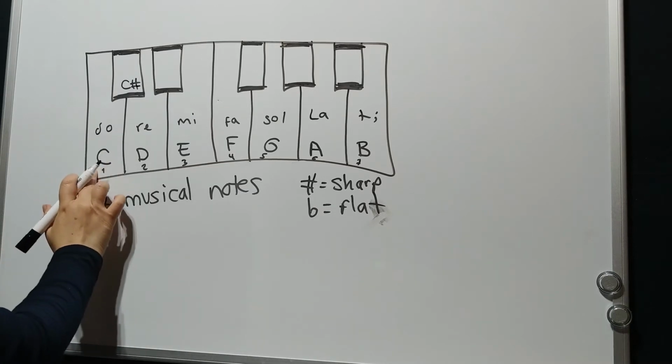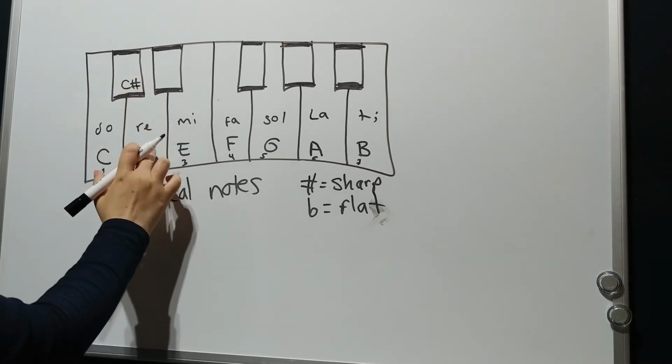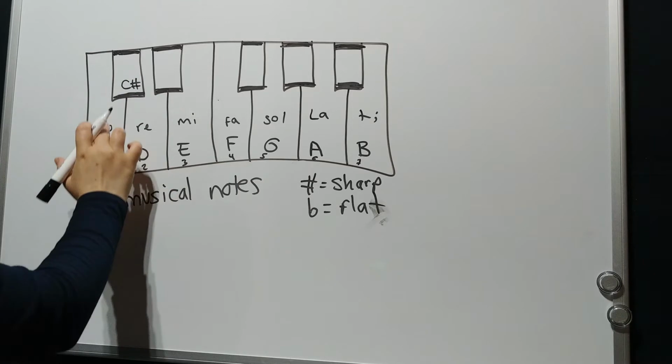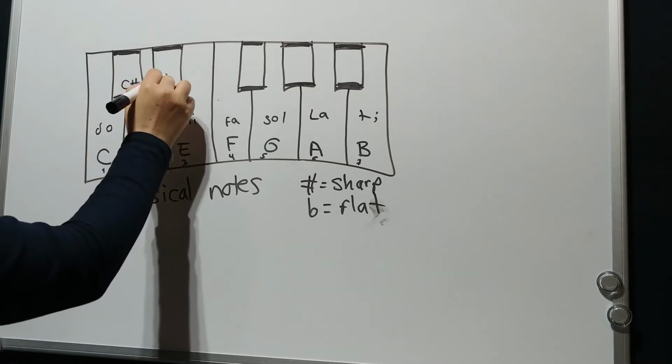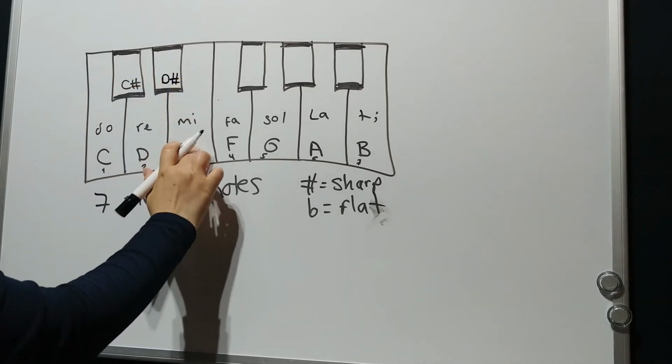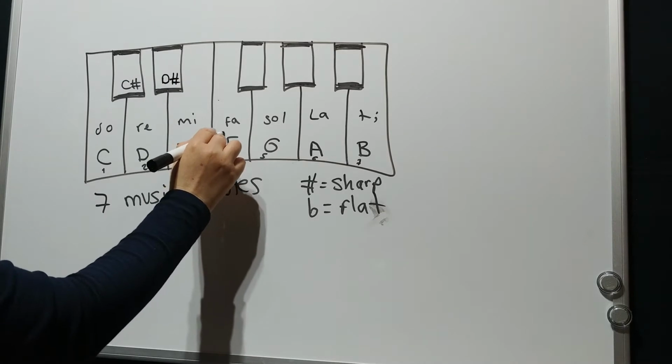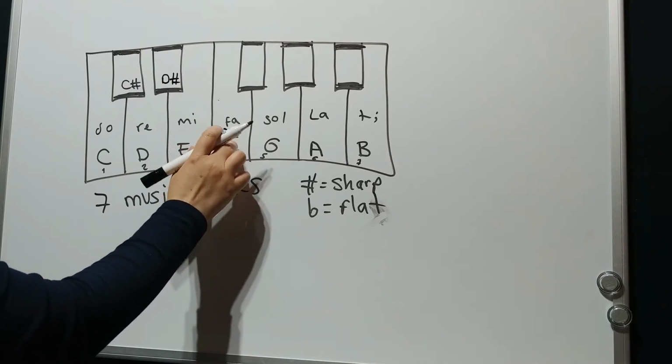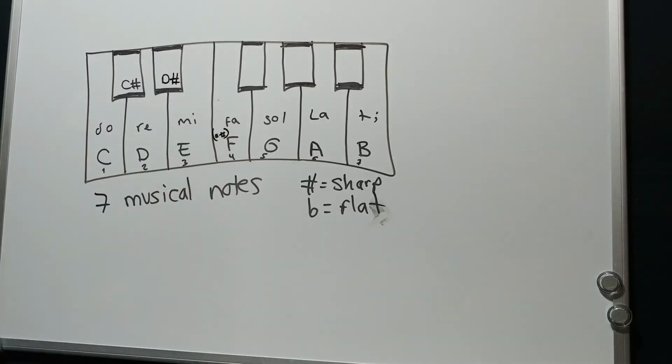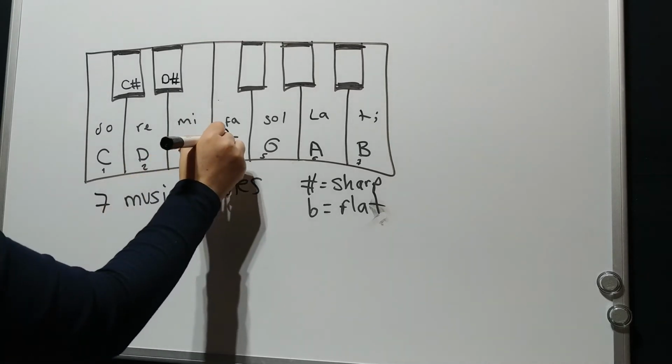So let's start with Do, Do sharp, or C, C sharp, D, D sharp, E, E sharp. Most of the time we just see this note as F, but it can also be called E sharp.